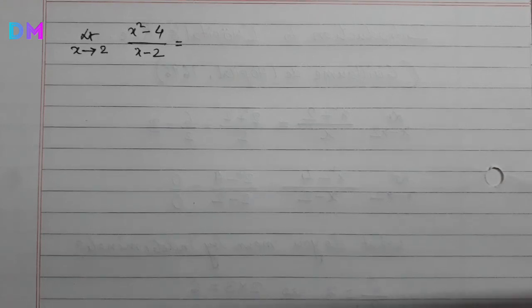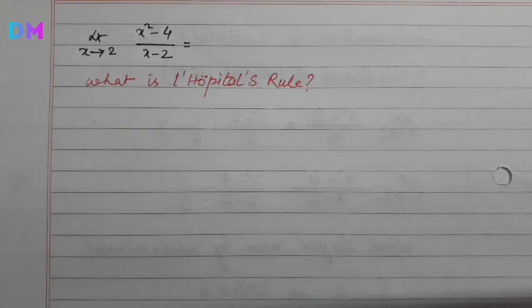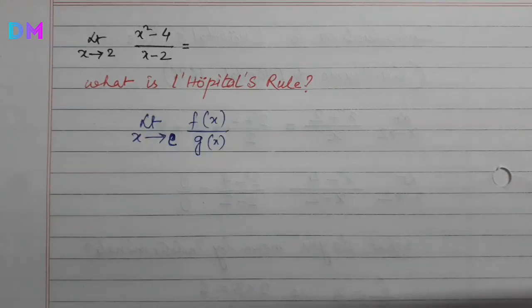So limit x tends to 2, (x square minus 4) by (x minus 2) is actually a limit of indeterminate form. So to find out the limits of this kind of indeterminate forms, we are going to use the L'Hopital's rule. Now let us see what is L'Hopital's rule.